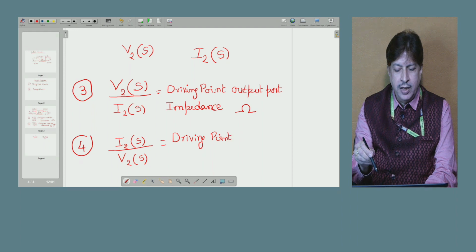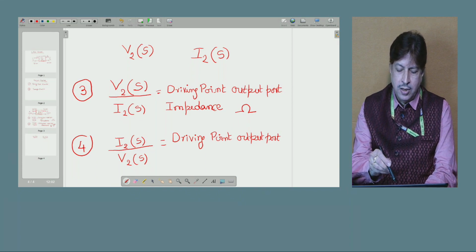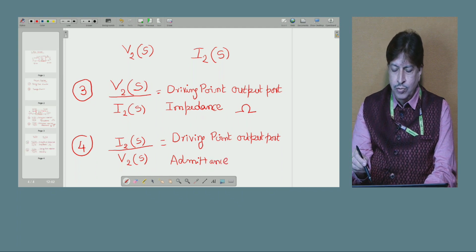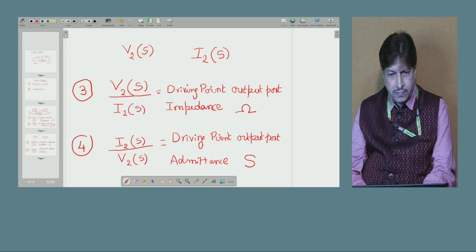And both variables belong to output, so it is driving point output port. The ratio of current to voltage is admittance. And just now we discussed the unit of admittance is Siemens, represented by S.